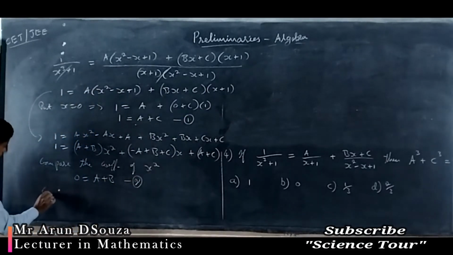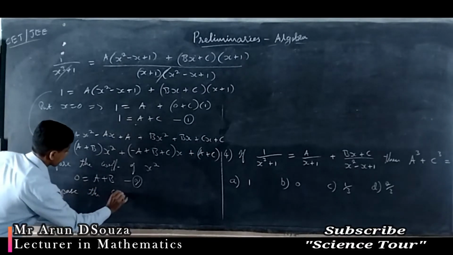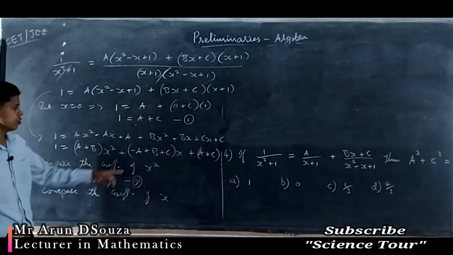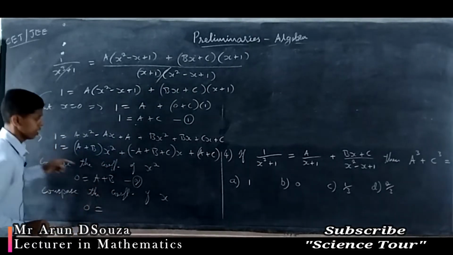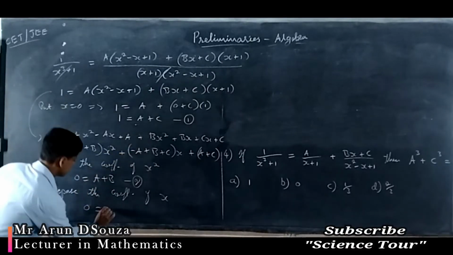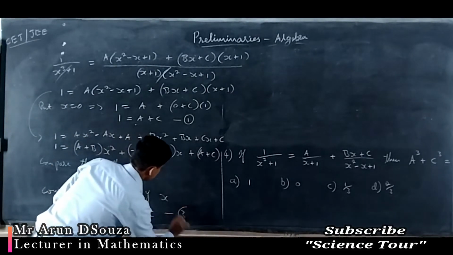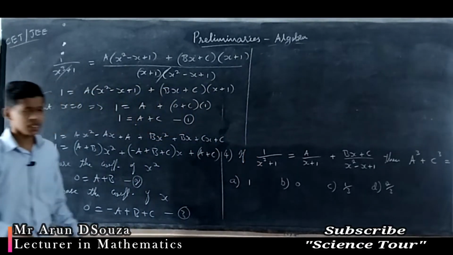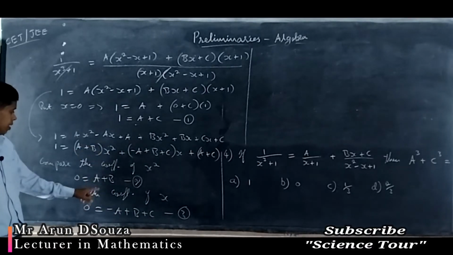Next I can compare the coefficients of x as well. So when I compare the coefficients of x, again the coefficient of x is 0 on the left hand side, and the coefficients are minus a plus b minus c, that's the equation 3. So we got to solve these three equations to get the values of a, b and c. We need only a and c. Well, keep that in mind.